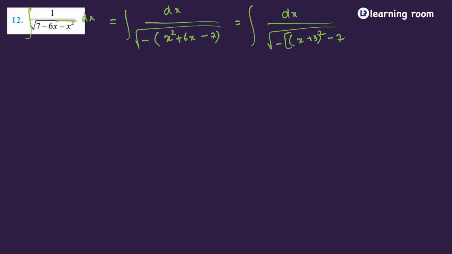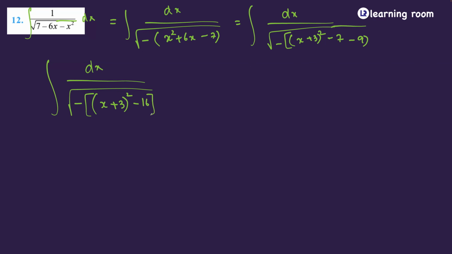Minus 7 is already there. Minus, you need to subtract 9. Right? So this will be integral of dx divided by root of negative of x plus 3 the whole square minus 16.